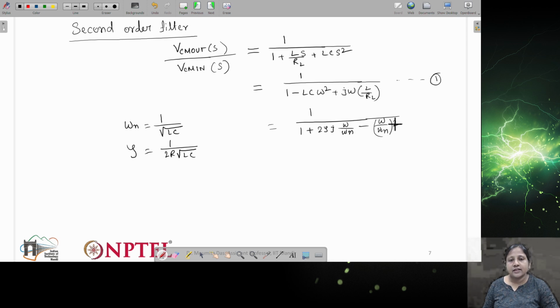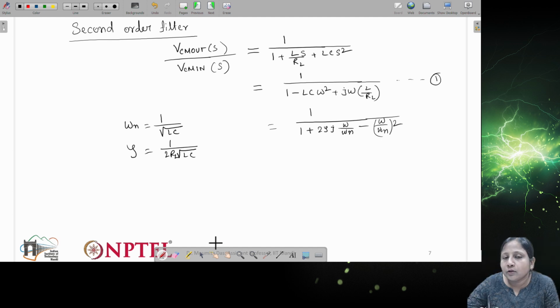Now if we are really designing this filter, what do we have to find out? We have to find out the values of L and C. In a filter, we need only these reactive parameters. How to find out these reactive parameters? That can be found by using these different equations. Generally the attenuation level is given, or maybe you can find it from the response itself.